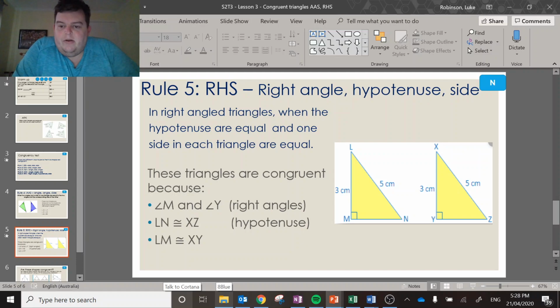If that's the same in both, and if another side is the same in both, then we can say that they are congruent. So in this one, right angle triangle, hypotenuse is 5, other side is 3, they're the same triangle, right?